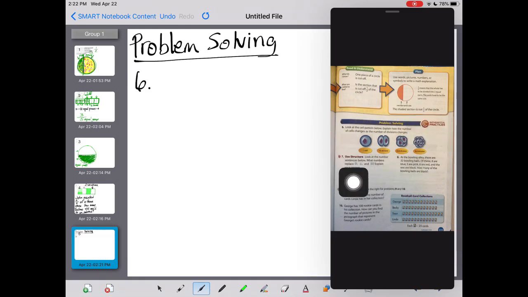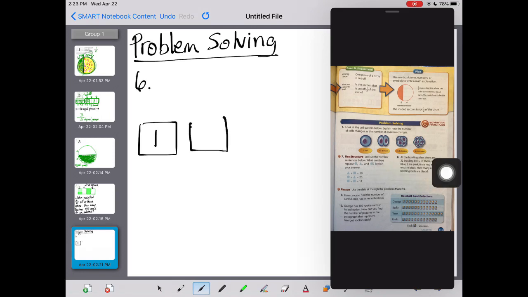So, a little bit of science here. We have a cell, and it starts off with one cell. Okay, so I'm going to do 1. Then it goes through a division. The first division splits into 2 cells.